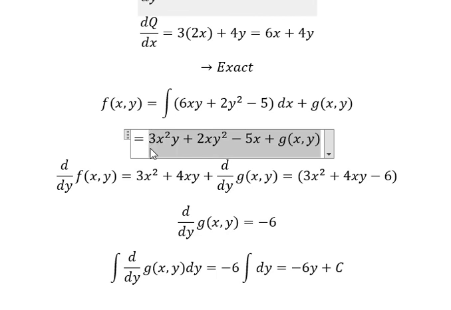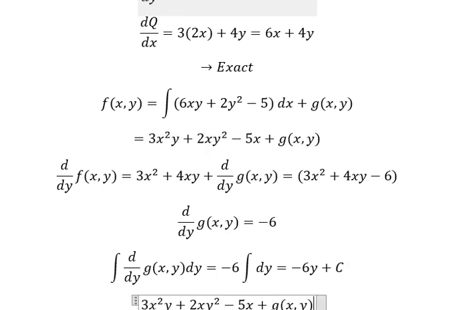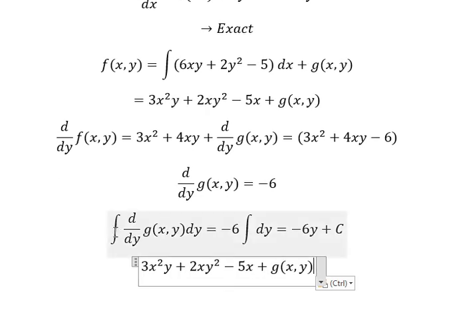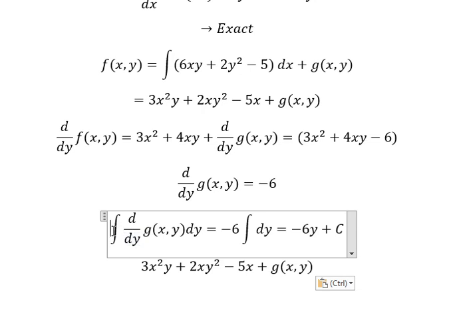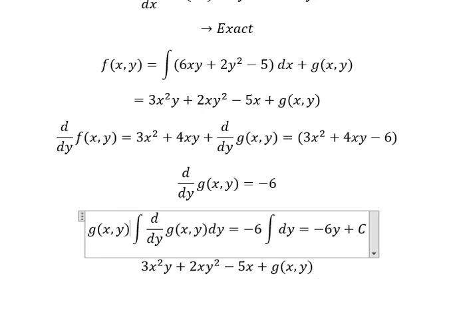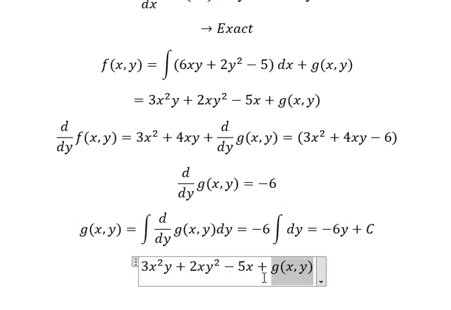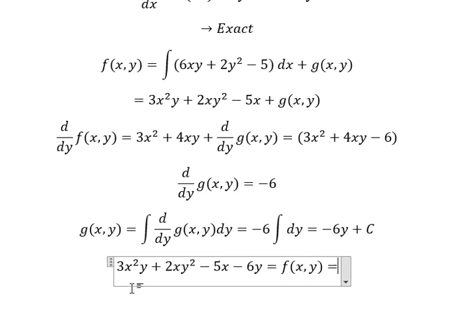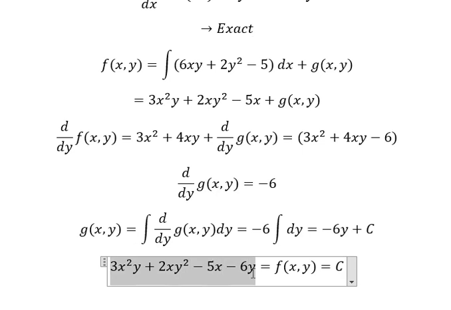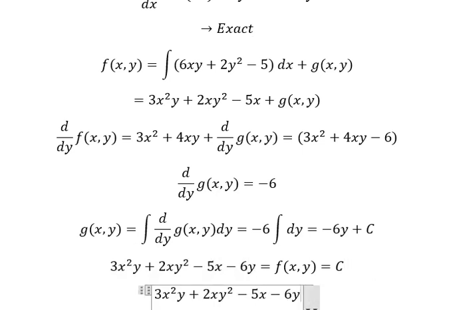So this one, we put the constant here. The integration of this one, we have 3xy. 3xy equals this one. And we know that this one equals f(x,y). f(x,y) equals c. And now we can simplify like this.